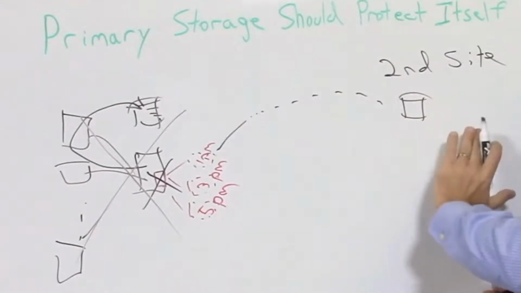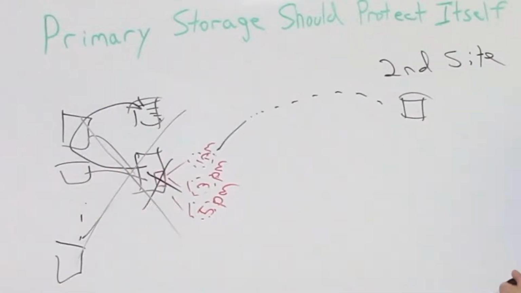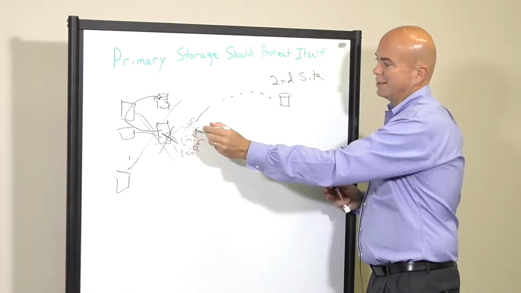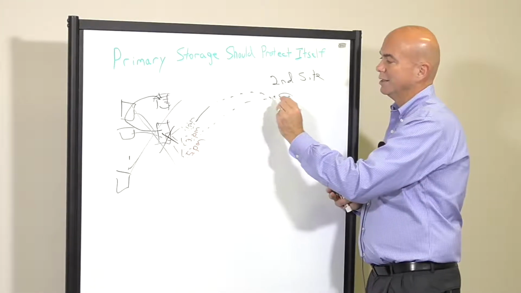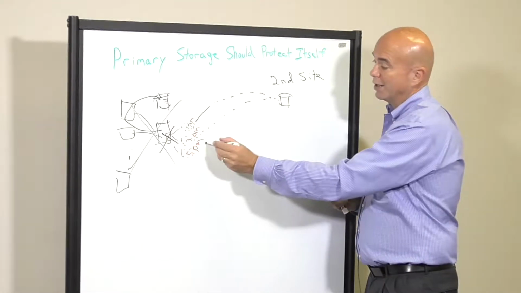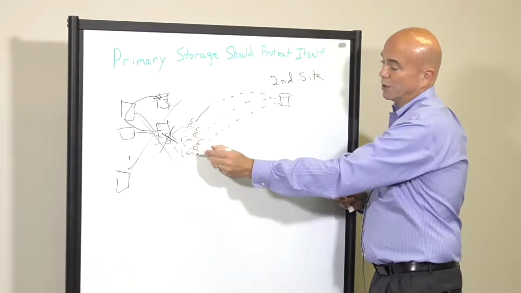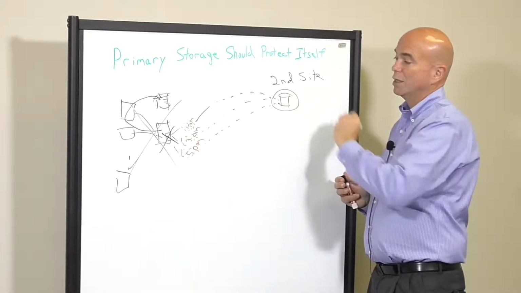So this network connection doesn't have to be very robust. Then at 3 o'clock, we'd replicate the differences between 1 o'clock and 3 o'clock over to the second site, and at 5 o'clock, we'd replicate the differences between 3 o'clock and 5 o'clock.